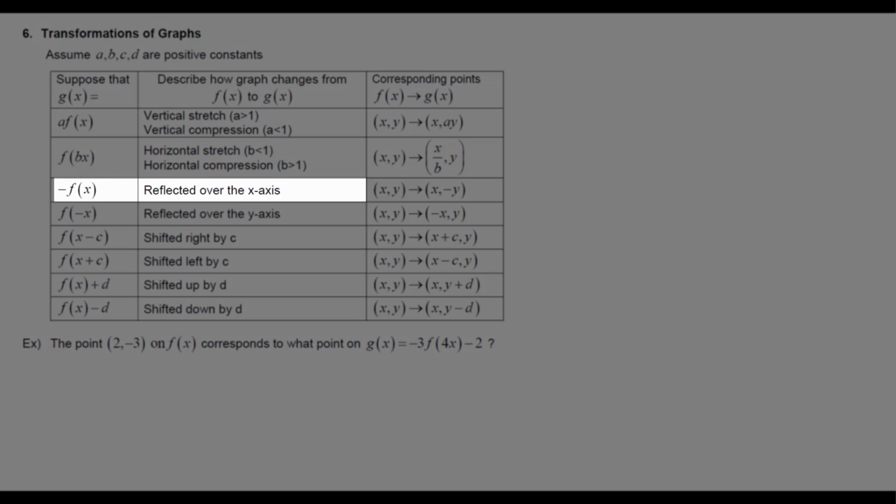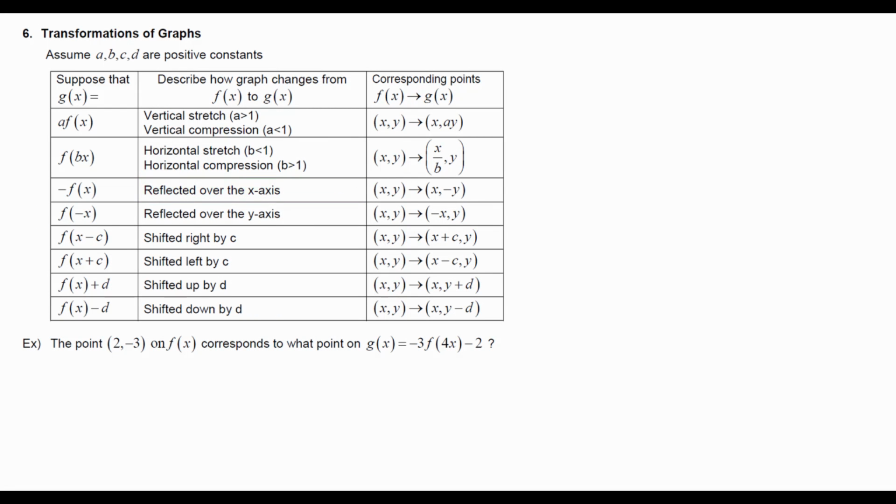If your f of x is multiplied by negative 1, it is a reflection over the x-axis. And just like what we did with the number a on the very top, you could just multiply the y coordinate by negative 1. And for f of negative x, you could just divide the x coordinate by negative 1, so you actually still get the negative x instead.